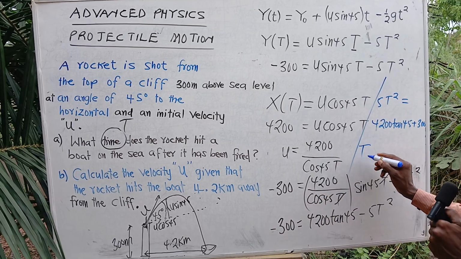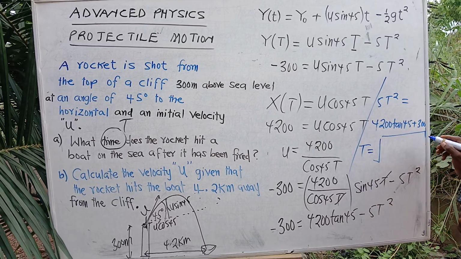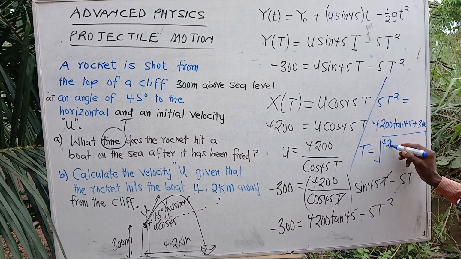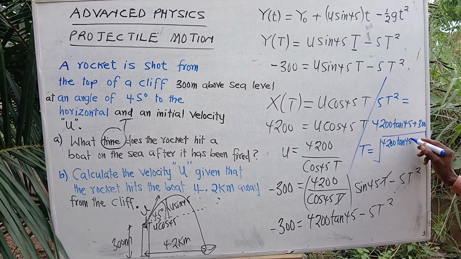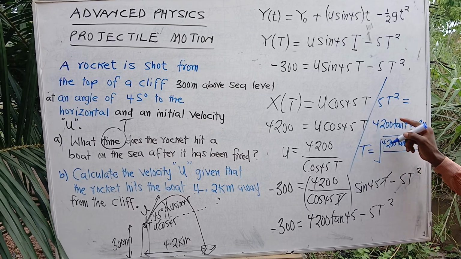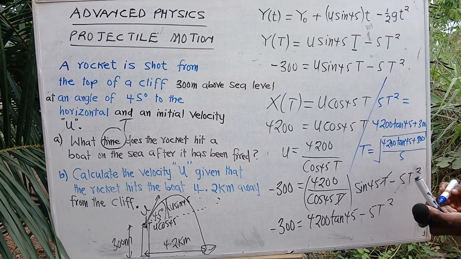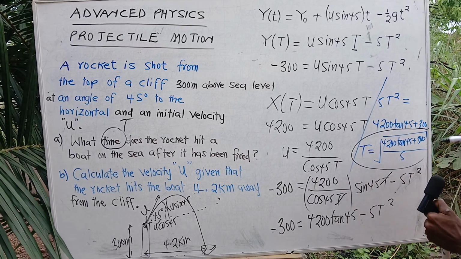So making t the subject, we have t is equal to the square root of 4,200 tangent of 45 plus 300 divided by 5. And that is the time of flight.